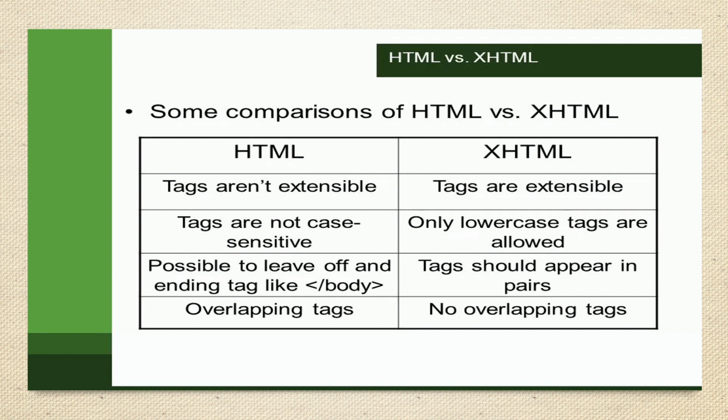Basically, in HTML, it can be uppercase or lowercase, it doesn't matter. But in XHTML, only lowercase tags are allowed. It is possible to leave off an ending tag like body in HTML, but in XHTML it should appear in the form of pairs. The tags should always be in pairs, but in HTML it doesn't matter. In HTML, there can be overlapping of tags with one another. In XHTML, there is no overlapping of tags.